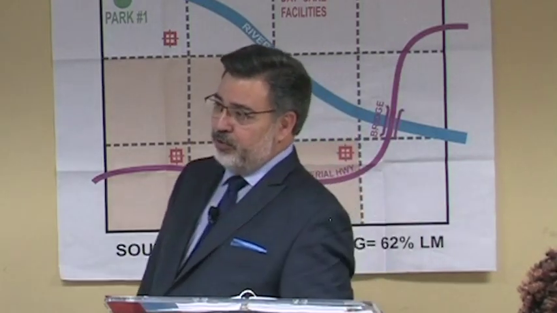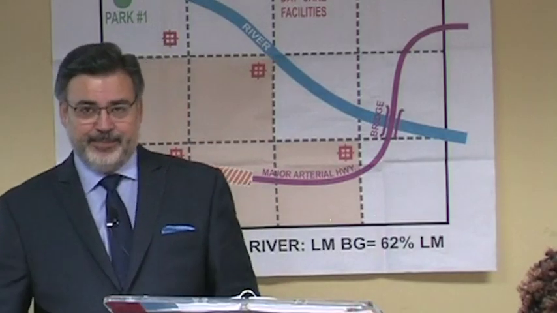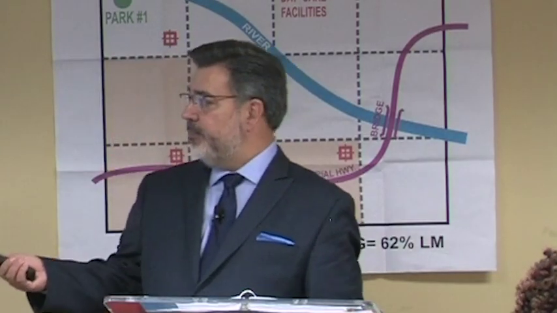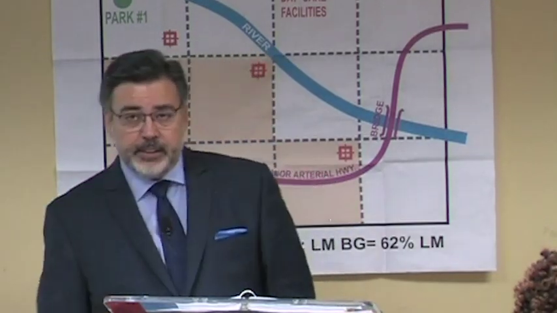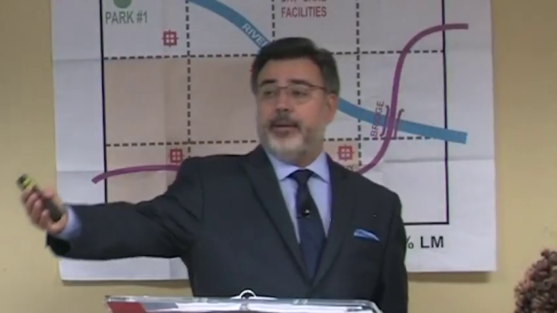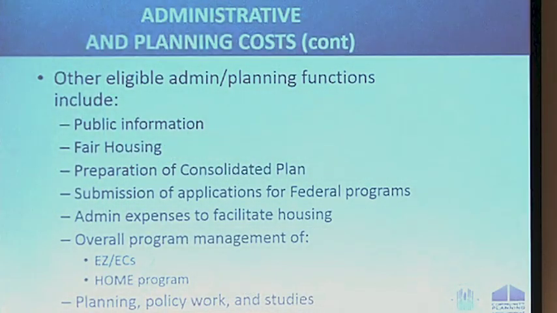And those go so fast. This is a way of being able to fund some of the HOME admin services under CDBG. If you have excess CDBG admin money, it can be used to do HOME admin, okay? Planning and policy work and studies.